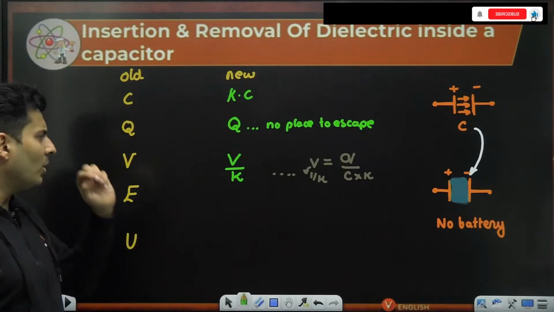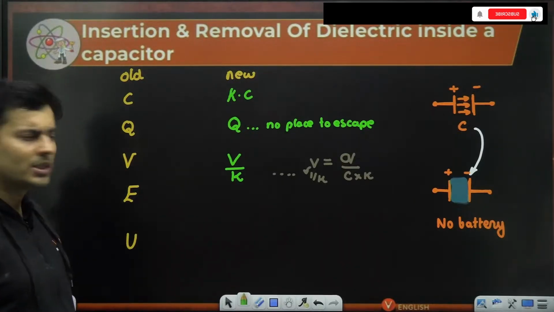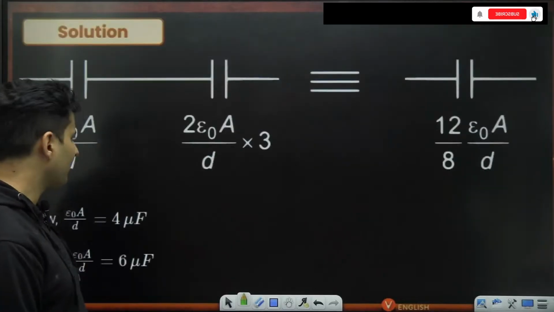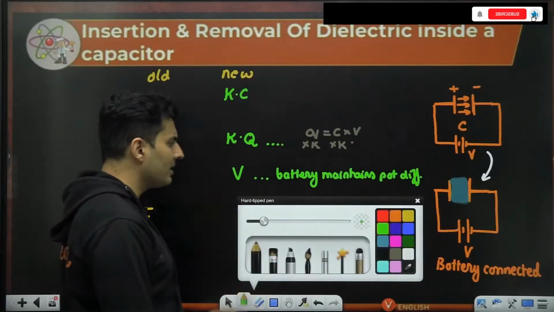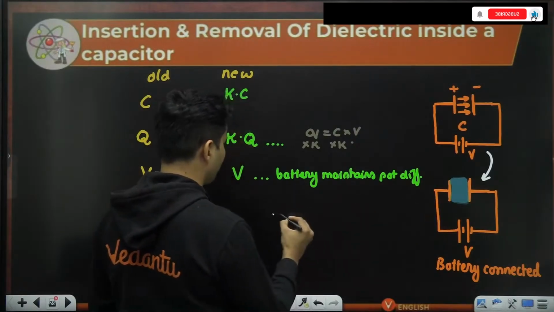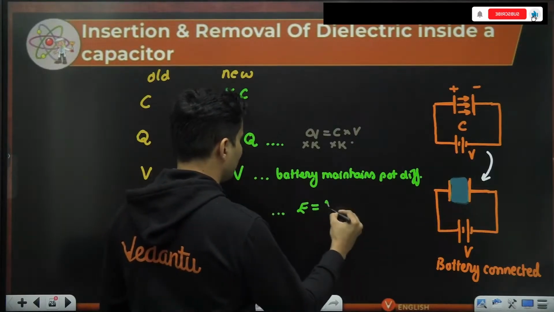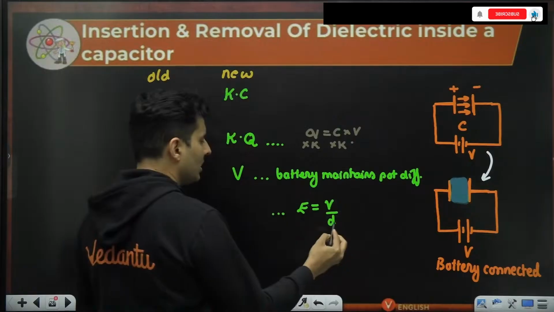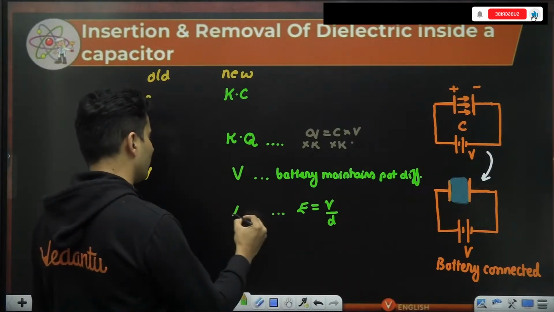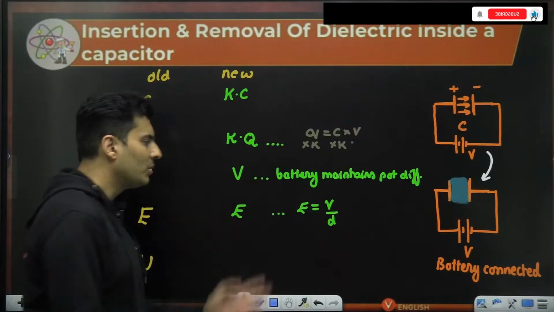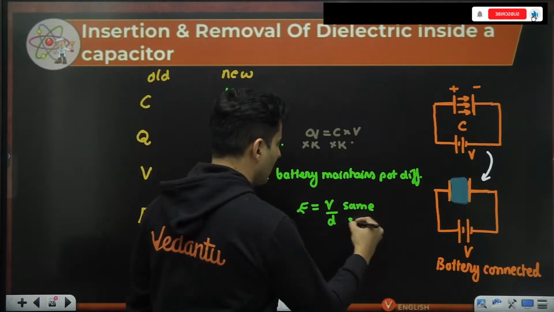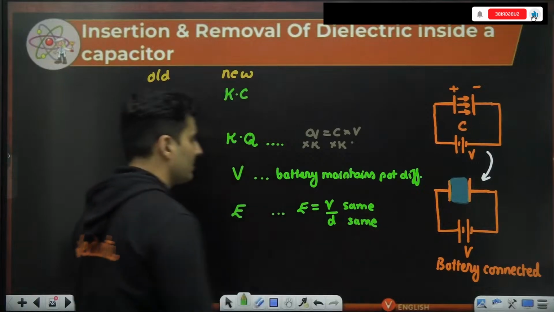Okay. What about the electric field? Which formula do I use? Electric field is voltage by distance. When battery is there, distance didn't change, voltage didn't change, so field will not change. Field will remain the same, because both the battery and the distance between the plates are the same.